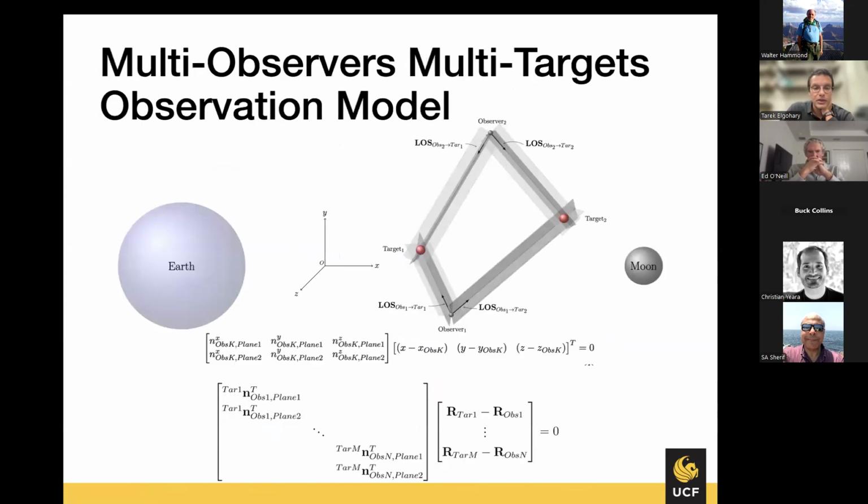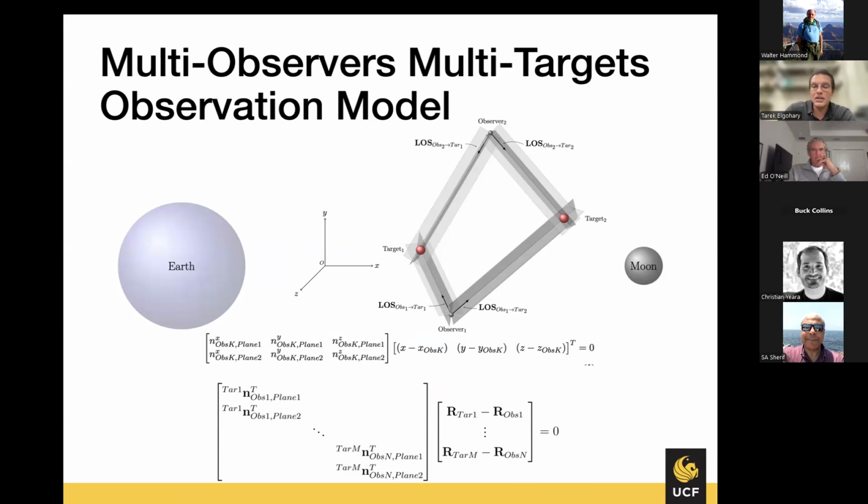All right, so this is where the fun starts. Basically, our idea of a multi-observer, multi-target observation model is very simplistic. It comes from a very fundamental result that two planes construct a line and two lines construct a point, or the intersection, I mean, of two planes and the intersection of two lines.